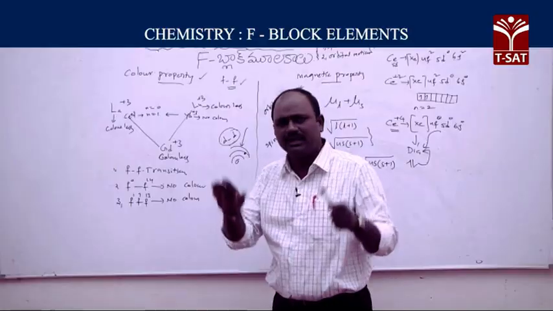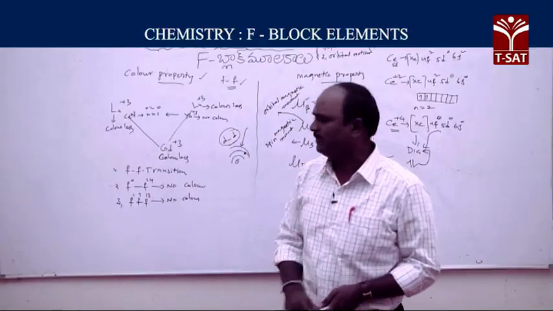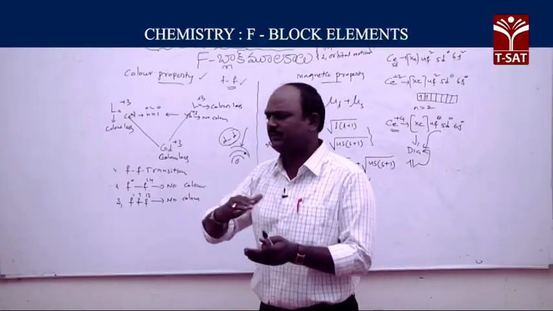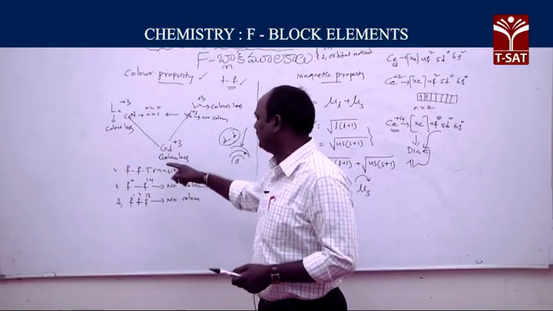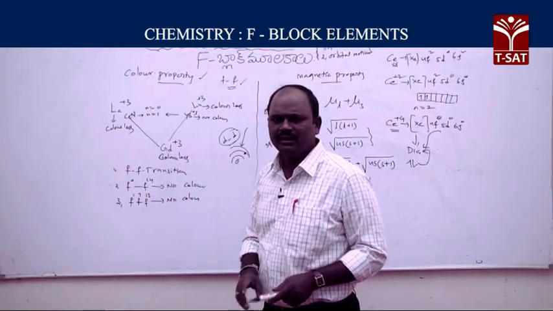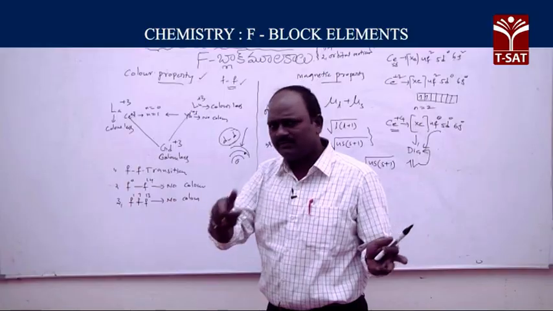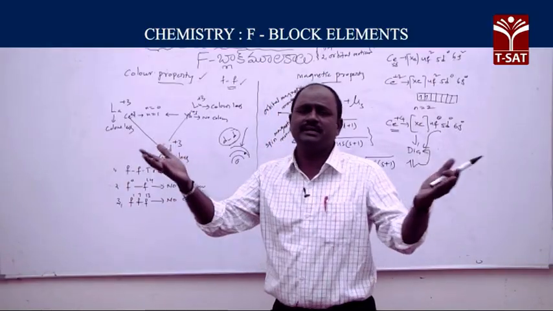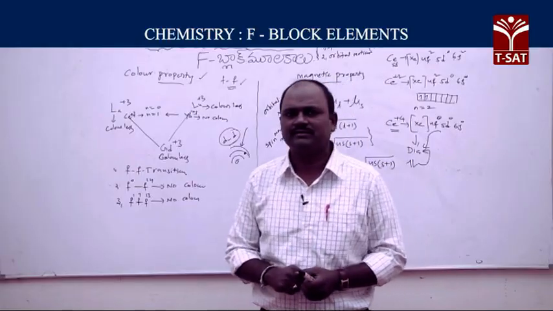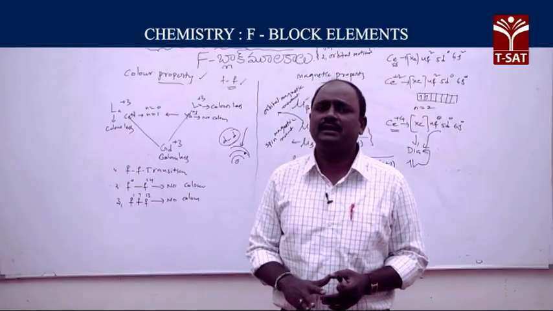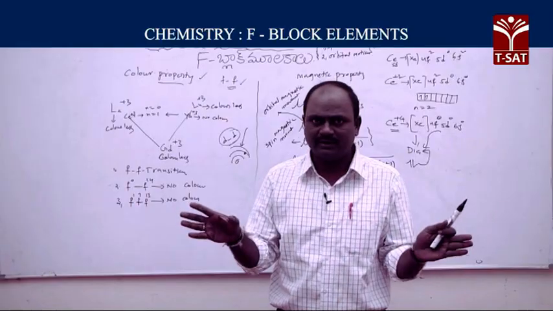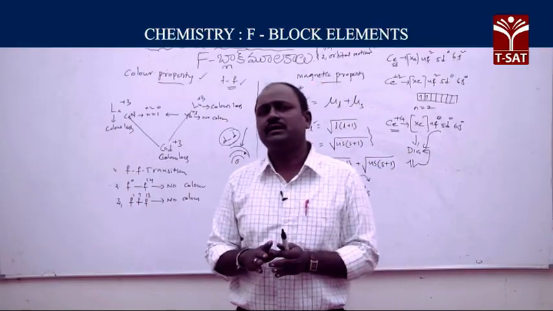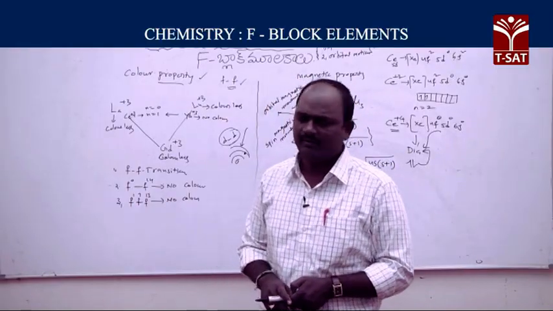That means because of the ff transition itself, they exhibit the color property. Normally, in transition elements, where there is an unpaired electron, there is a color property. Where there is a paired electron, there is no color property.